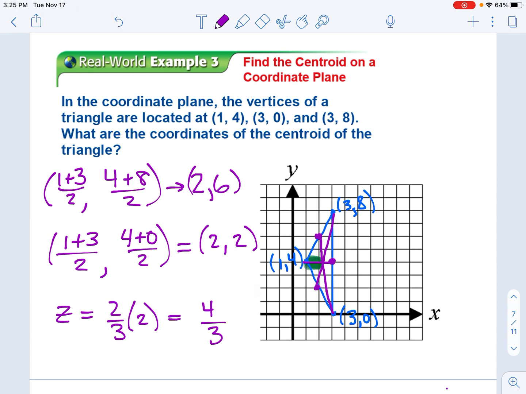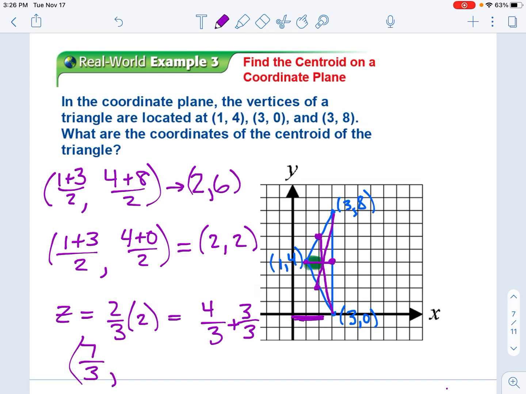So if z is 4/3, I actually need the full distance over here, which means we start at the vertex over 1, which means I need to add 1 to 4/3 to get to that centroid part. So I'm not just going over 4/3, I'm going over 1 plus 4/3. So 1 is equivalent to 3/3. So that is 7/3. So that's my x value here.